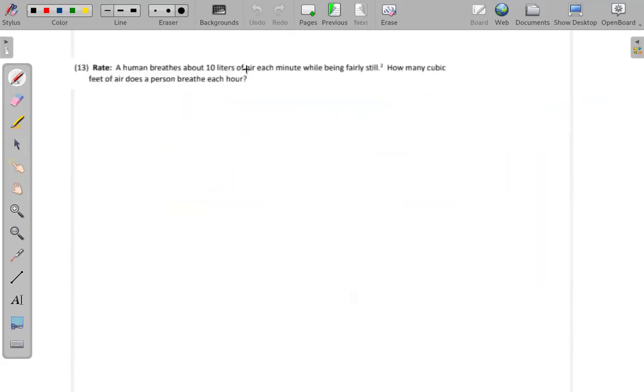A human breathes about 10 liters of air each minute while being fairly still. Interesting. 10 liters per minute. How many cubic feet do we breathe in an hour? All right, so we need to change 10 L as liters per minute into some number of cubic feet per hour.